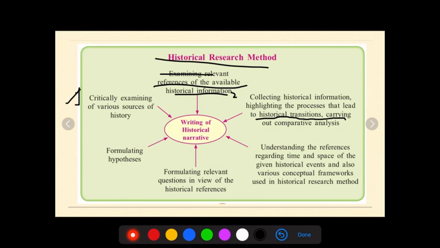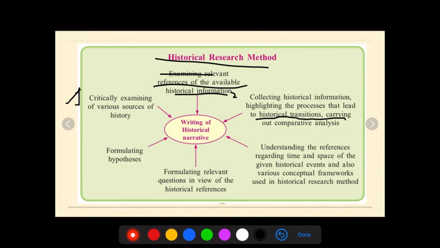Next is understanding the reference regarding time and space of the given historical events, and also various conceptual frameworks used in the historical research method. We have to take the time into consideration as well, the letter from that time and the letter from this time, so we have to compare that. Then a conceptual framework should be there, as these are used in historical research methods.